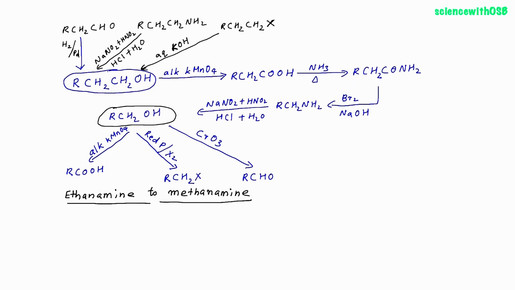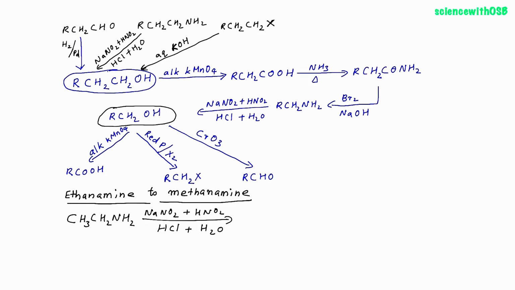Okay, we can try. Ethanamine means what? CH3CH2NH2. Now what we have to add? We have to add all these reagents, right? NaNO2 plus HCl plus H2O.